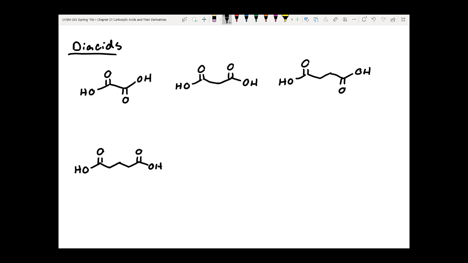And then we'll go to 6 carbons. Wait, no, am I doing this right? 1, 2, 1, 2, 3, 1, 2, 3, 4, 1, 2, 3, 4, 5, 6 carbons next. And then one more.